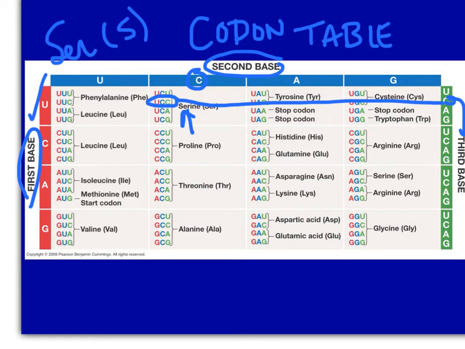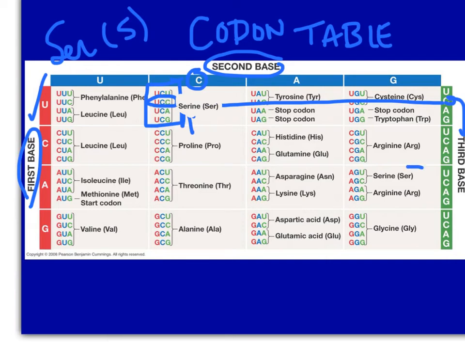And so for every different codon, you can look at it and say, what does that encode for? Now notice, all 4 of these codons encode for serine. If I go back and erase some of this, you'll be able to see, since I covered it up. So this means UCU, UCC, UCA, and UCG all code for the same amino acid.